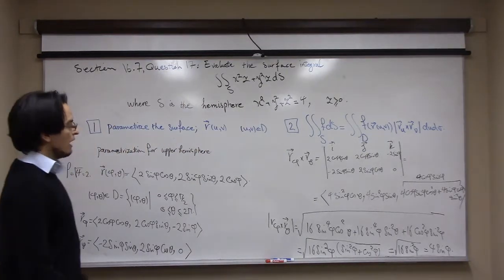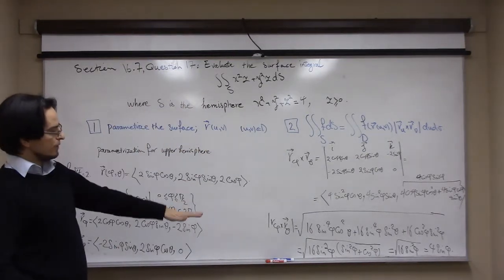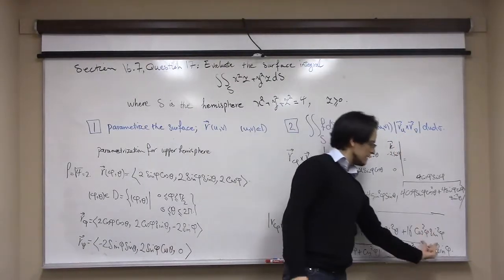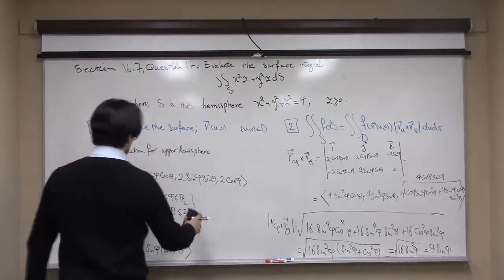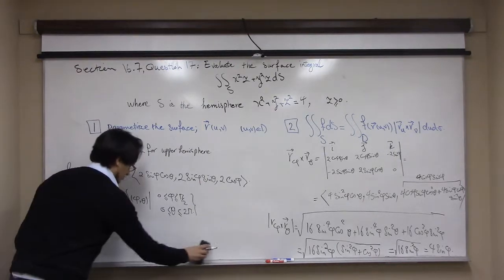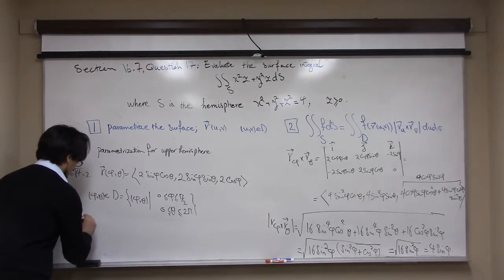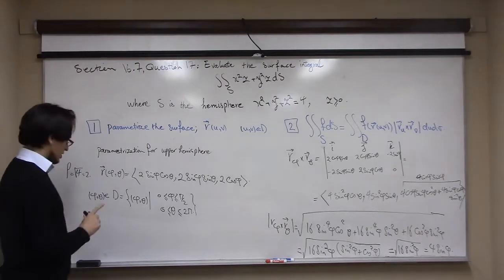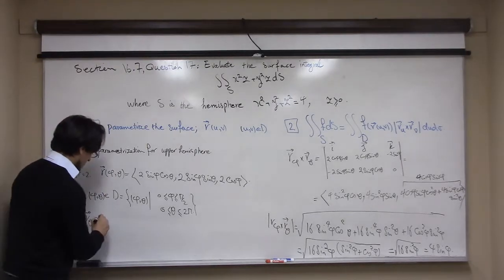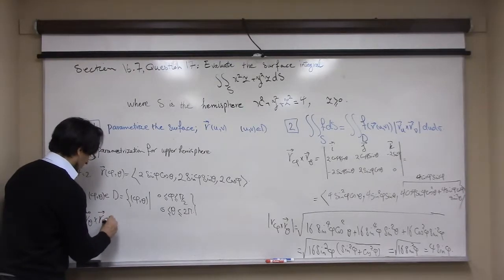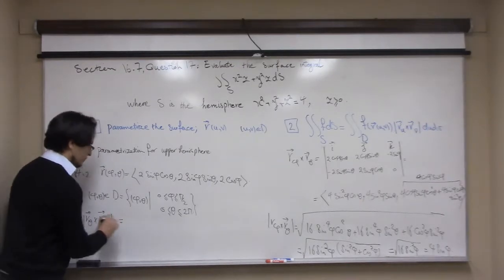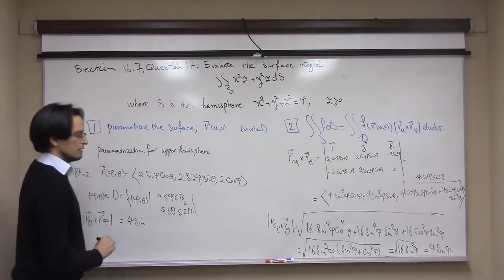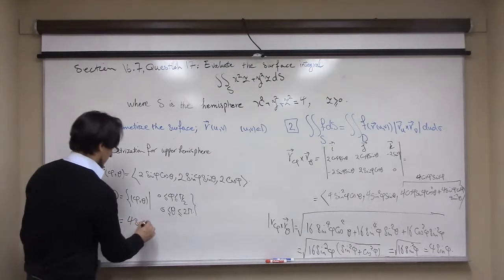Okay, so I have done all those computations, but the important part is just the length of this guy, yes? And the length I found is going to be, so I can erase all this and I can write the length of r theta cross r phi, the partial derivative of r with respect to theta cross the partial derivative of r with respect to phi, is equal to 4 sine phi.